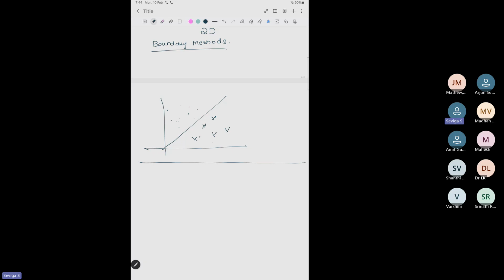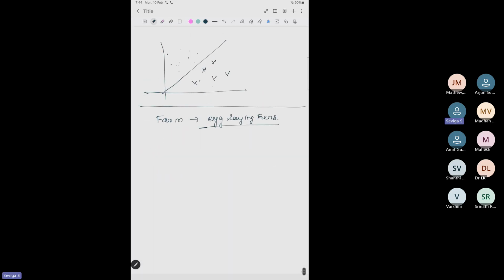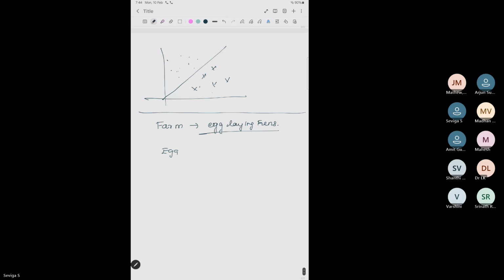Let's take one example. Let us assume there is a farm which has a lot of egg laying hens. The eggs can be fertilized eggs or unfertilized eggs, so it can have two classes, namely fertilized eggs or unfertilized eggs.